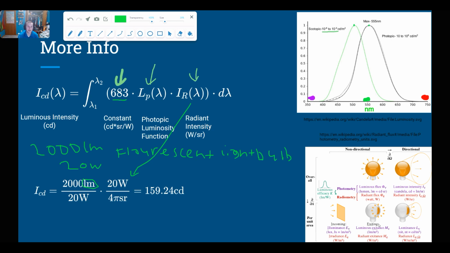That's how, if you go and try to look up what is a candela, they're going to be throwing around a lot of these terms, and you can quickly get caught in word soup. This does a very good job of organizing this word soup and what's actually going on. But ultimately the key takeaway is that lumens are visible spectrum, watts is everything. Okay, so that's the key difference here.